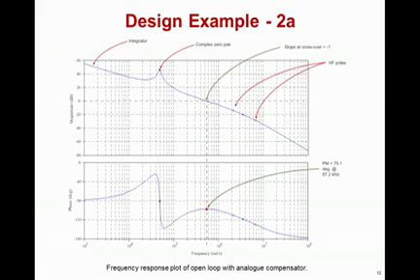This is the frequency plot of the open loop with the analog compensator. It shows that we placed a complex zero pair on the bump shown on the plant graph to cancel out the complex pole pair that was present in the buck power stage. The integrator on the left-hand side allows you to have a 20 dB per decade roll-off as well as zero steady state error.